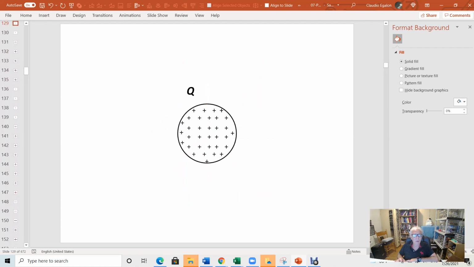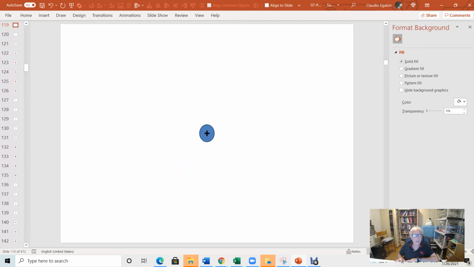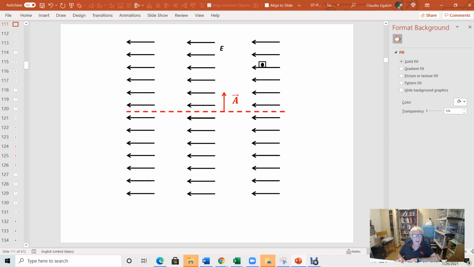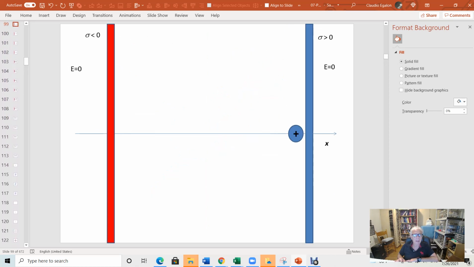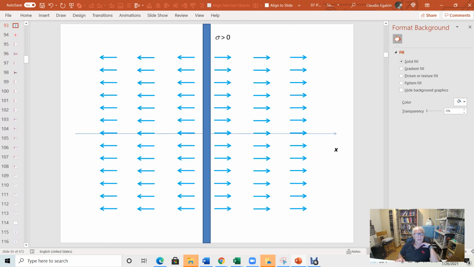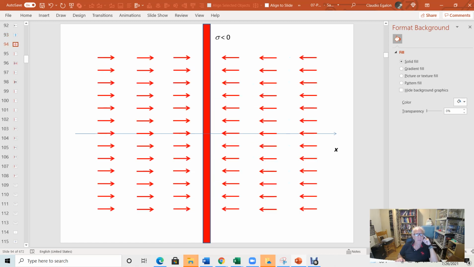Let me show you. When I was doing the electric charge in a uniform electric field, remember that? Here you go. Okay? See? It's a uniform electric field. Now I prove to you it's a uniform electric field. If it's positive, it's away. If it's negative, it's into the plate.